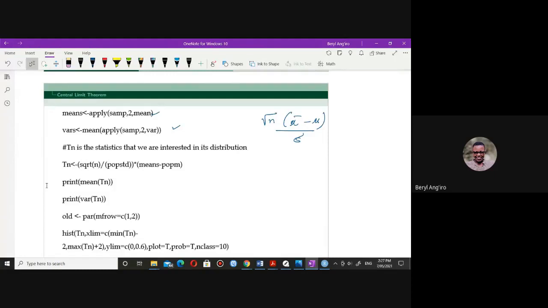So you can just put this the same here. We multiply, this is the same as over sigma, x bar minus mu. It is the square root of n, because we already specified the value of n up there. Then the population standard deviation that we already specified, square root of n divided by population standard deviation, is multiplied by the mean minus the population mean that we are testing. So we can print the mean of t and the variance.